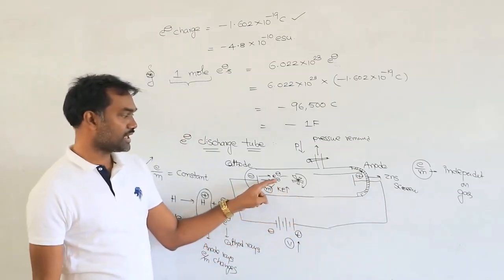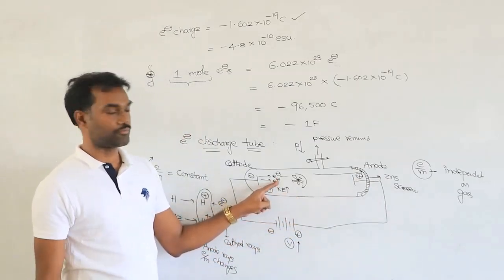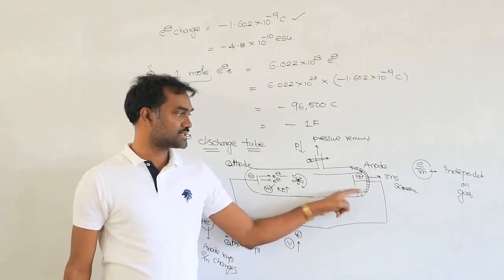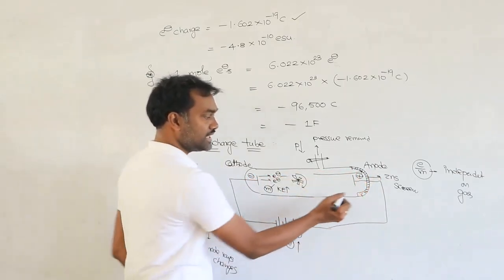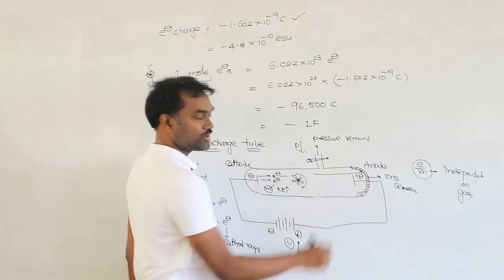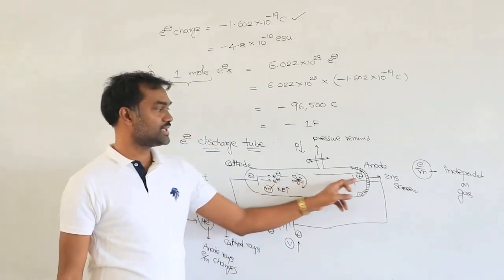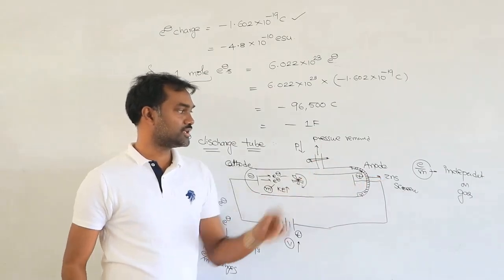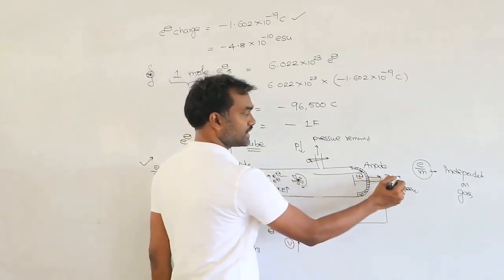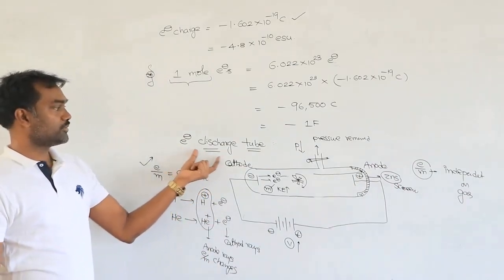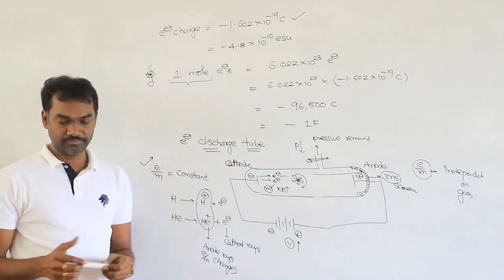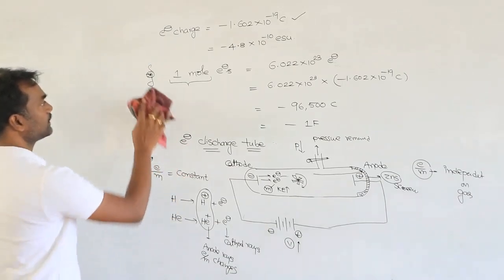With normal eyes the electrons cannot be seen, but because of this screen they show a shining, and based on the shining we can understand that something is coming. That is the use of the zinc sulfide screen. These are the important points about the electron discharge tube and the electron.